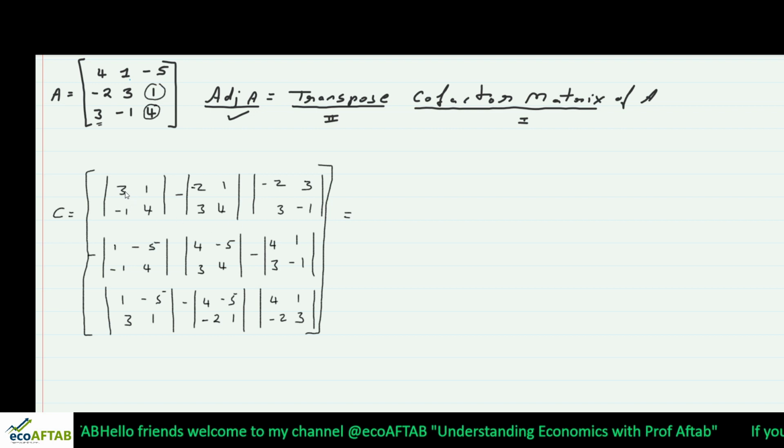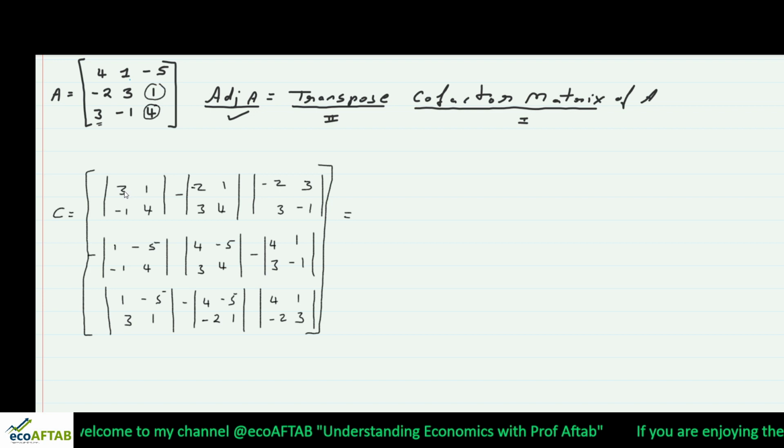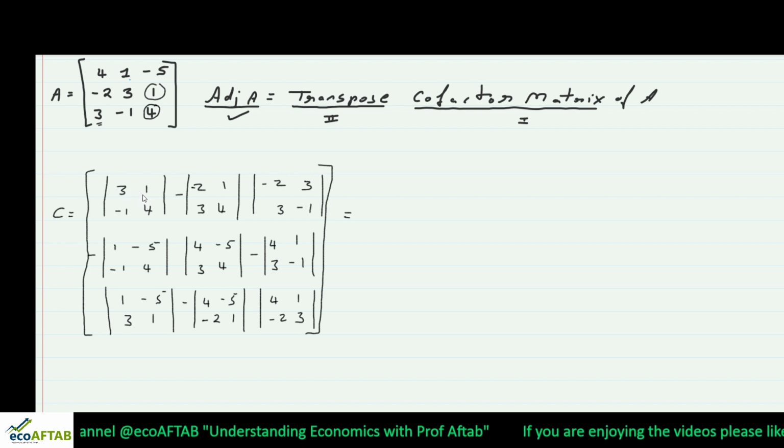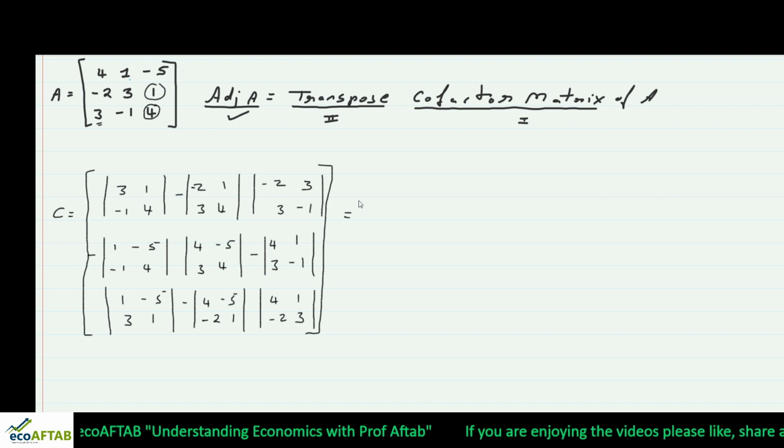So how to solve it? As we found at the time of determinants, we just need to cross multiply this. 3 into 4, 12, minus 1 into 1. So this is what we need to do.